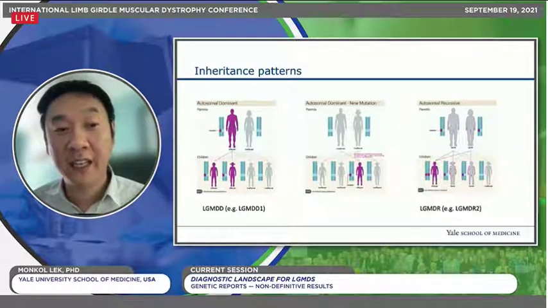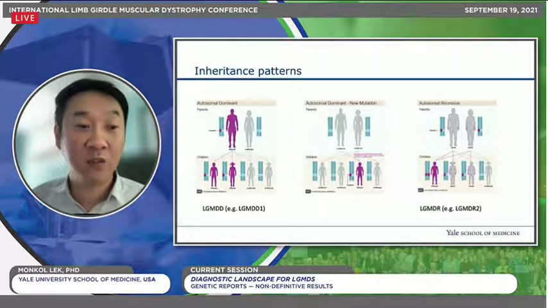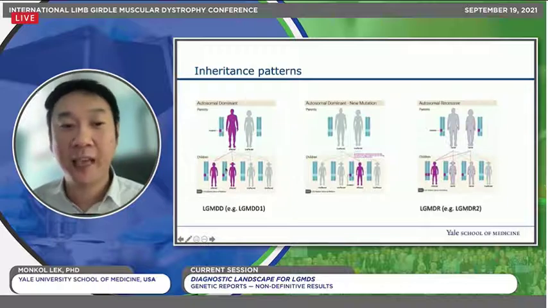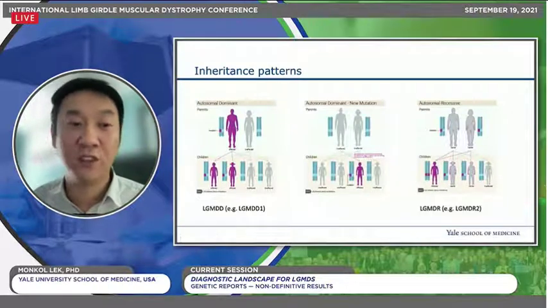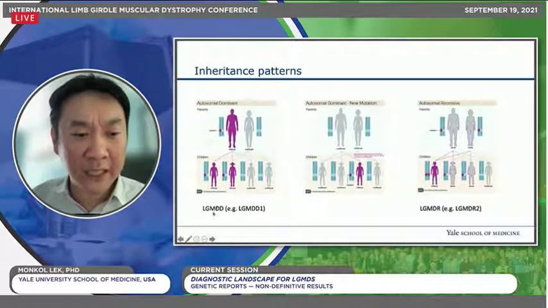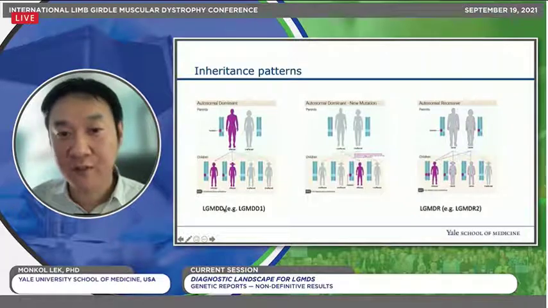In dominant cases, you only need one mutation in a disease gene that causes limb-girdle muscular dystrophy, and there's a 50% chance that this will be carried by the children of this parent. These are normally labeled with the new nomenclature LGMD, D for dominant.